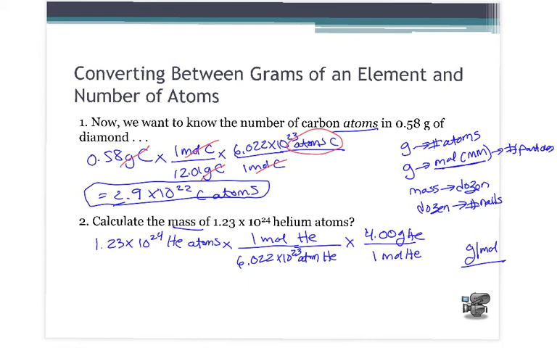So now our helium atoms cancel out, our moles cancel out, and we're left with grams, which is the mass that we were asked for. This gives us 8.17 grams of helium. And that's a number that makes sense.